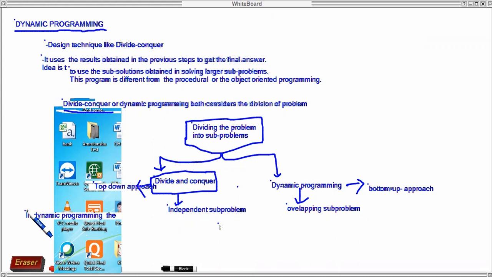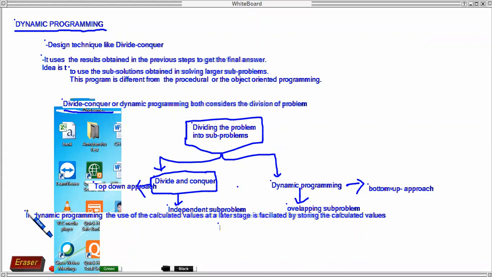The use of the calculated values at a later stage is facilitated by storing the calculated values in a table.